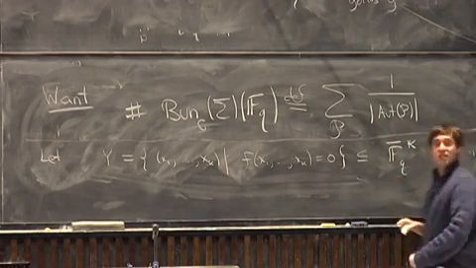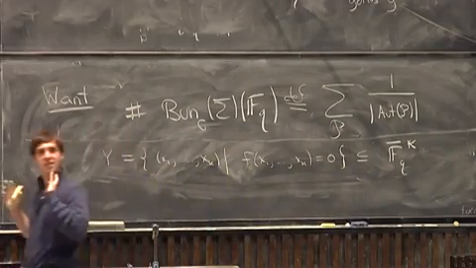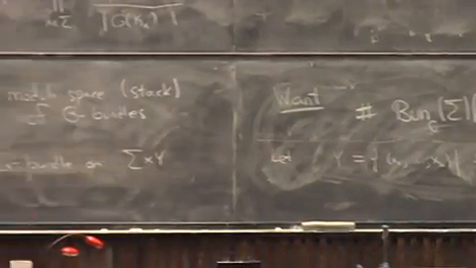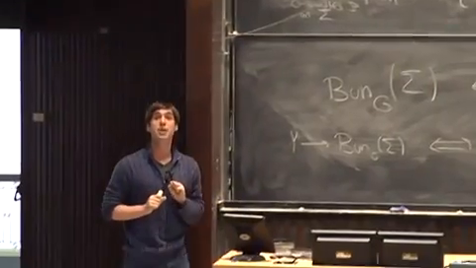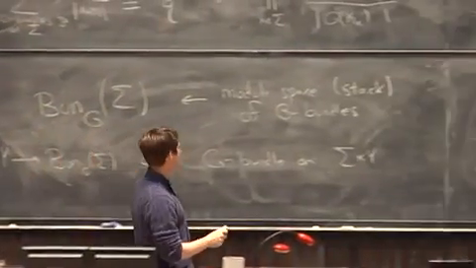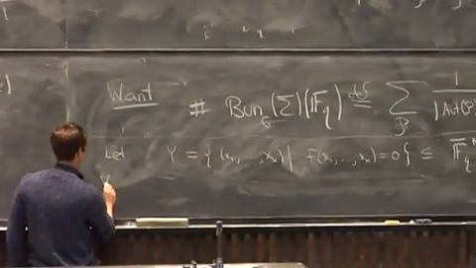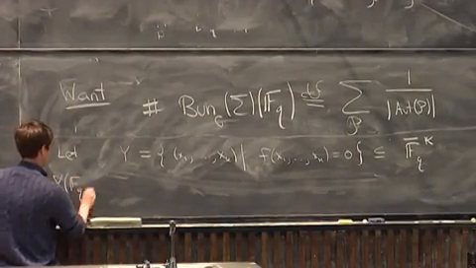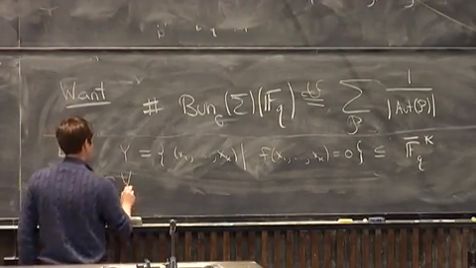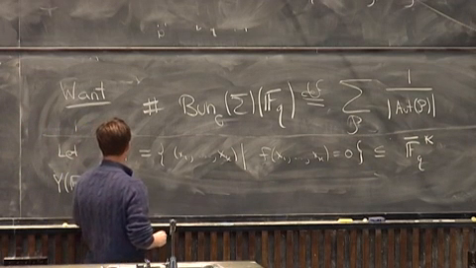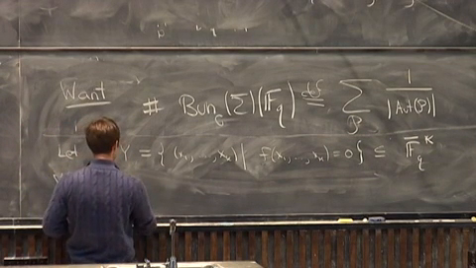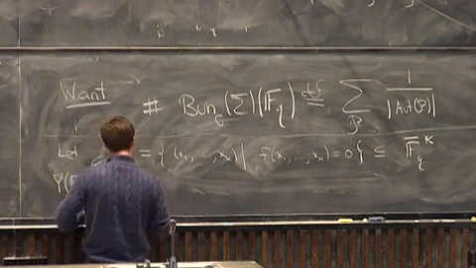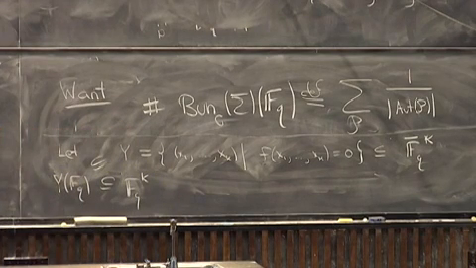So now inside this subset, you have a finite set consisting of solutions where each of the x_i belongs to the finite field F_q. That's what I'll denote by Y(F_q). It's a subset of Y, and it also lives inside F_q^k. So now how can you describe this subset?